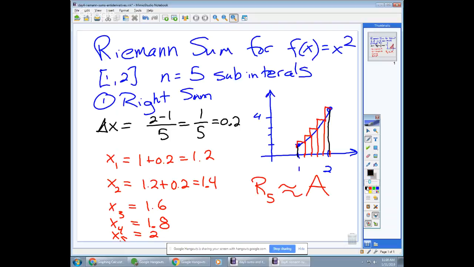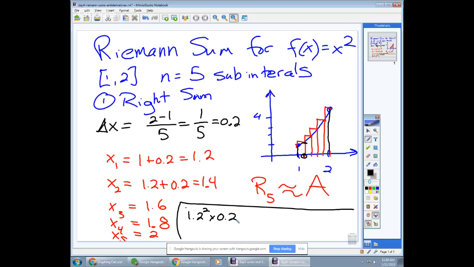So when I put that area together, I'm going to switch colors and start writing it here. For the first rectangle, I have to plug in its x value to figure out its y value, which means I just square each of those numbers. So the height of the first rectangle is going to be 1.2 squared. To get the y value, I have to square it. That's the height. And I multiply by the base, 0.2. So there's my height times my base.